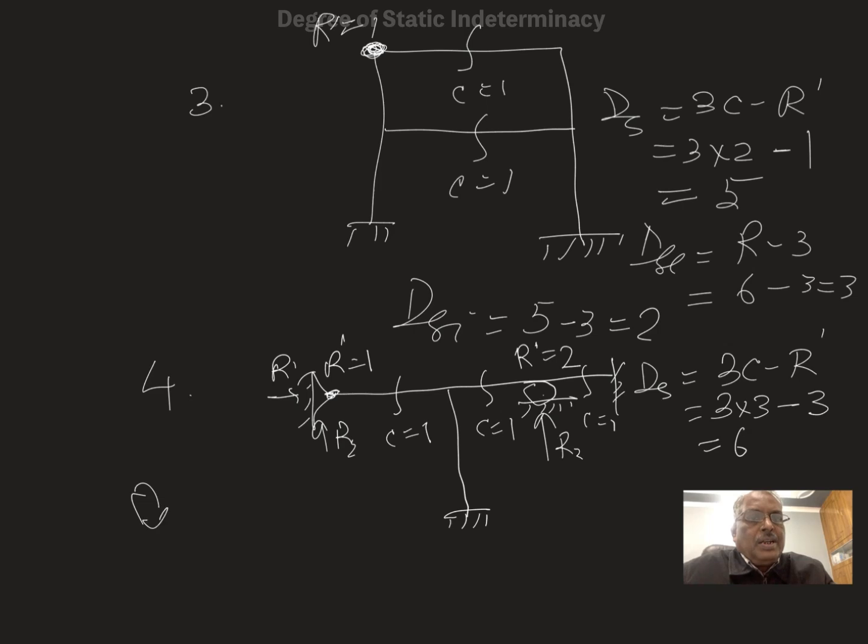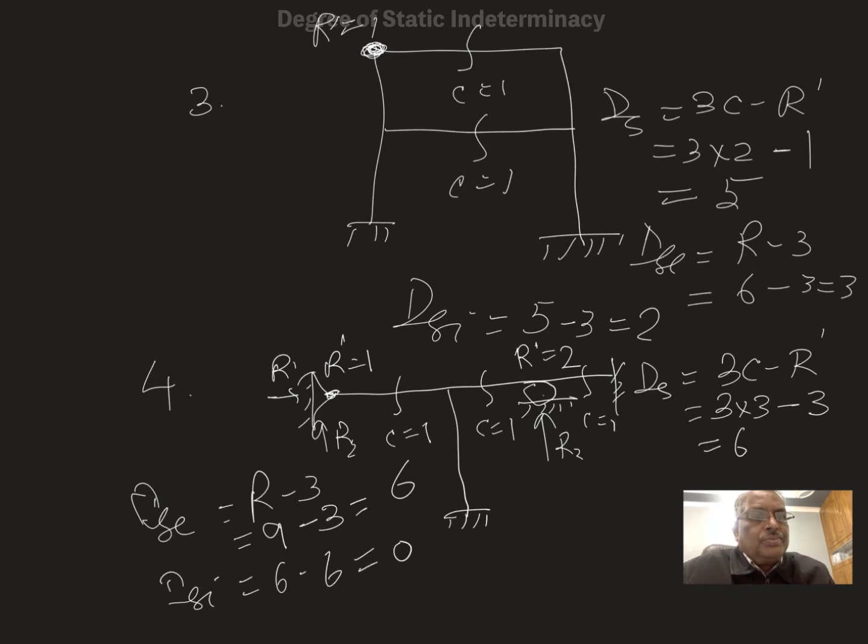How much external indeterminacy? R minus 3. How many are there? 3 and 3, 6, 7 and 2, 9. So 9 minus 3. So there is 6. So internal indeterminacy is 6 minus 6, 0.